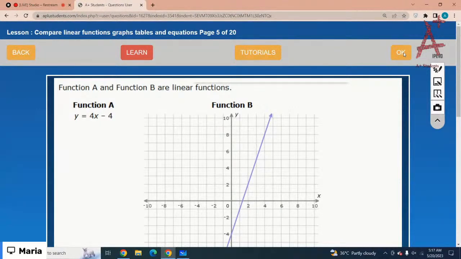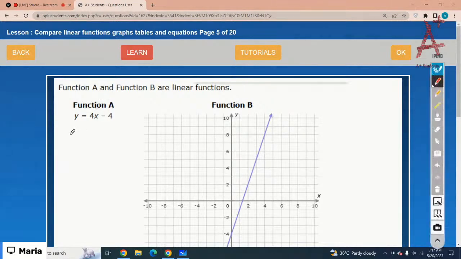Okay, the next one is function A is y equals 4x minus 4. So it would be y equals mx plus b. So m is 4. Now just look at this function and calculate the slope. It would be 1, 2, 3 over 1. So slope is 3 over 1. That means 3.